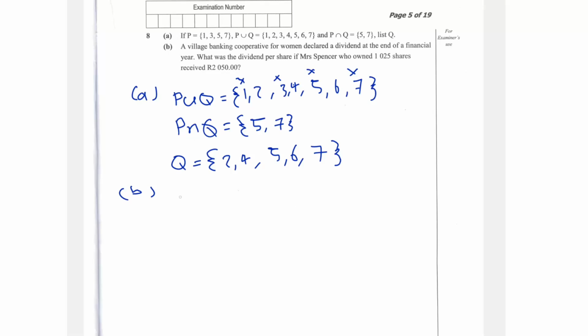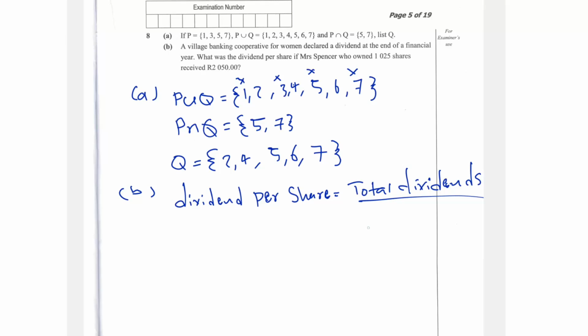In order to find the dividend per share, it is equal to the total dividends over the number of shares.